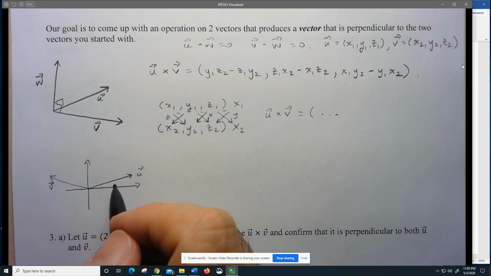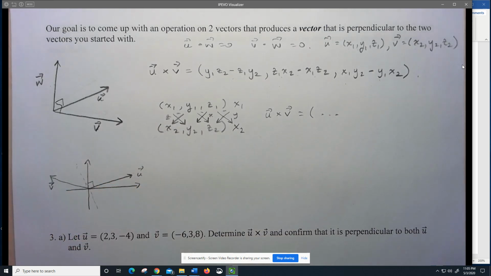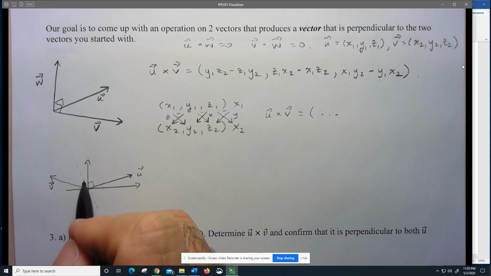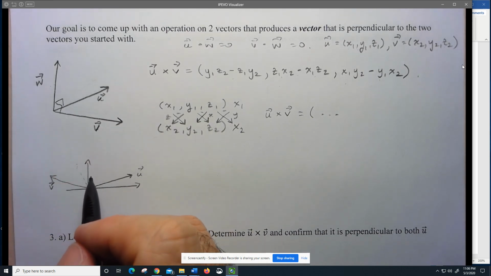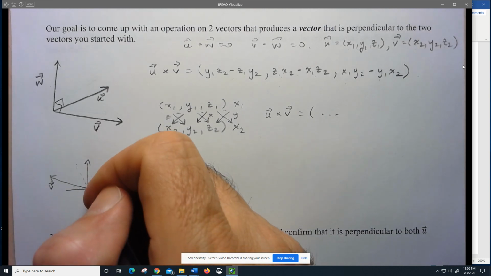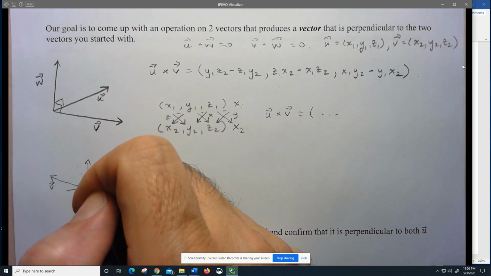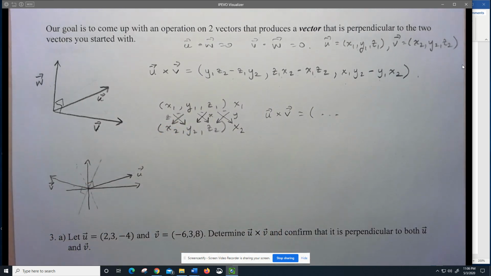Well, this is when I realized that if I try to find a vector that's perpendicular to u, so something in this direction, and you can see there are infinitely many vectors that are going to be perpendicular to u, it's not going to be perpendicular to v. And if I try to determine vectors that are perpendicular to v, they're not going to be perpendicular to u.